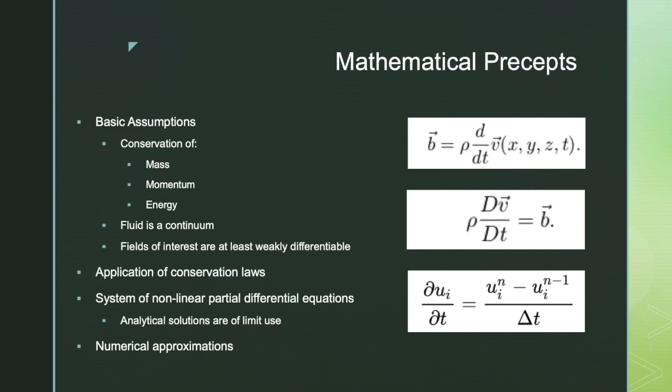It is also assumed that the working fluid is a continuum rather than a set of discrete particles, and that all fields of interest, including pressure, flow velocity, density, and temperature, are all at least weakly differentiable. It is also sometimes necessary to consider a finite control volume over which these principles are applied.